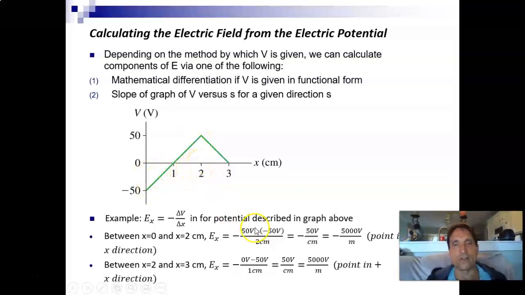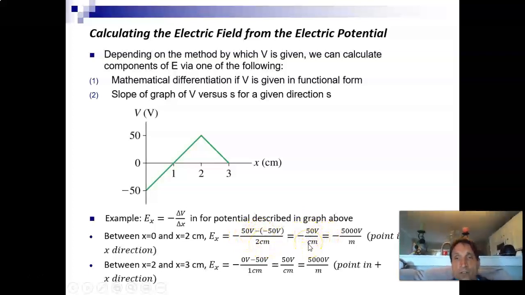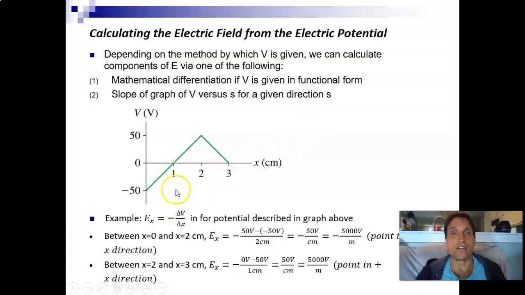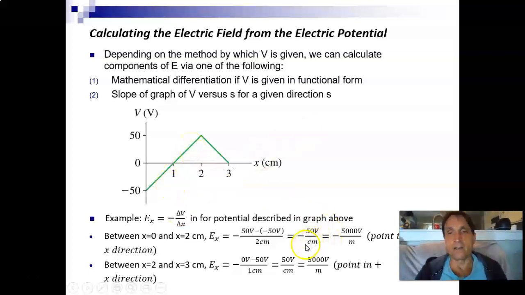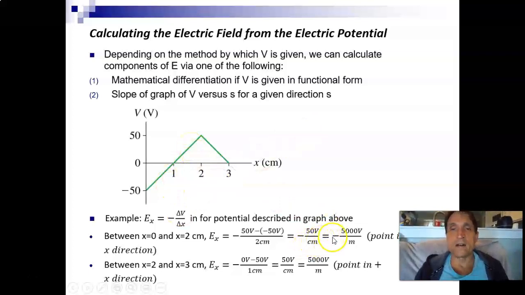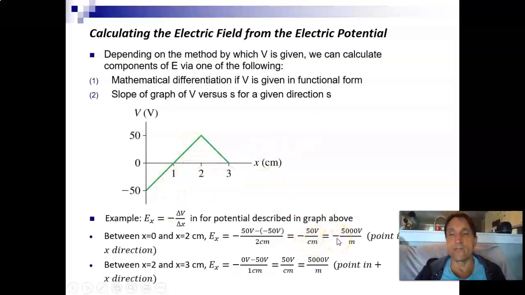So the field strength is the negative of 100 volts divided by 2 centimeters, which is equal to negative 50 volts per centimeter. It's just the slope of this line, and then taking the negative. If you want it in volts per meter, that's equal to negative 5,000 volts per meter.